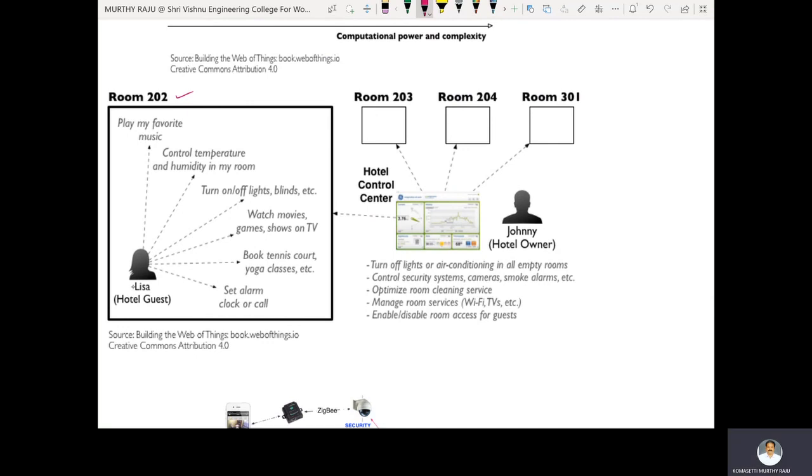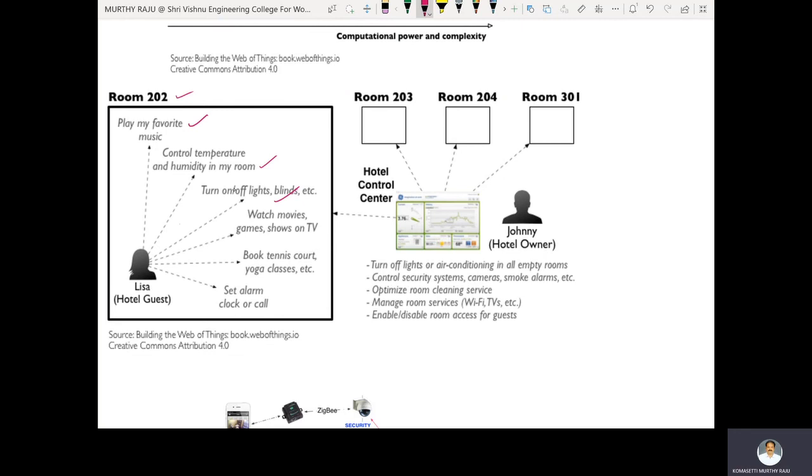A person, Lisa, a hotel guest, is sitting in the room and controls these appliances: play favorite music, control temperature and humidity, turn lights and blinds on and off, watch movies, games, shows on TV, book a tennis court, yoga classes, and set an alarm clock. Lisa, sitting in room 202, performs so many IT things.